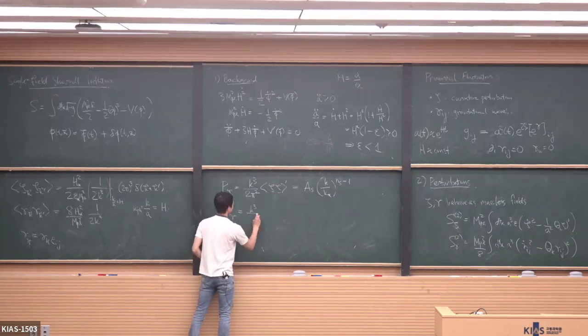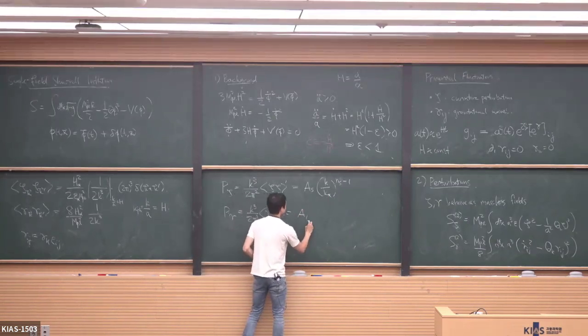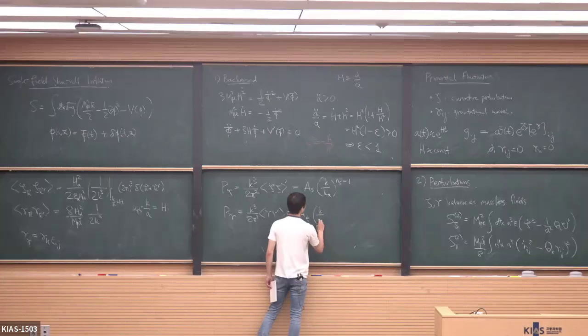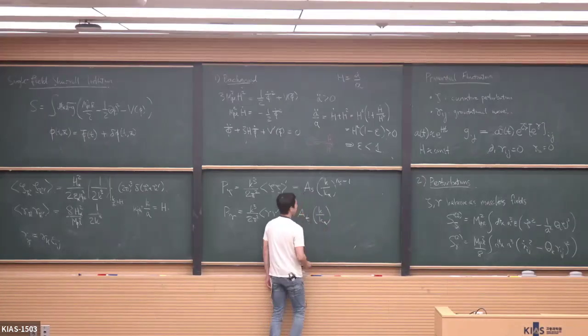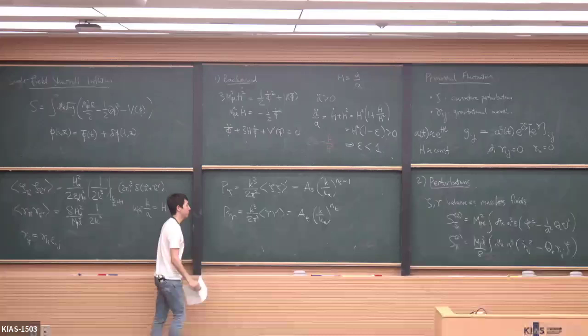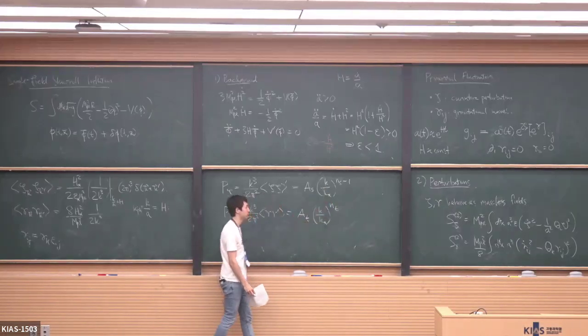Now you can do the same for the gamma, with the same normalization to define the dimensionless version. We define this as some amplitude A_T with this ratio to the power n_T. And it is n_T, not n_T minus 1, for historical reasons.